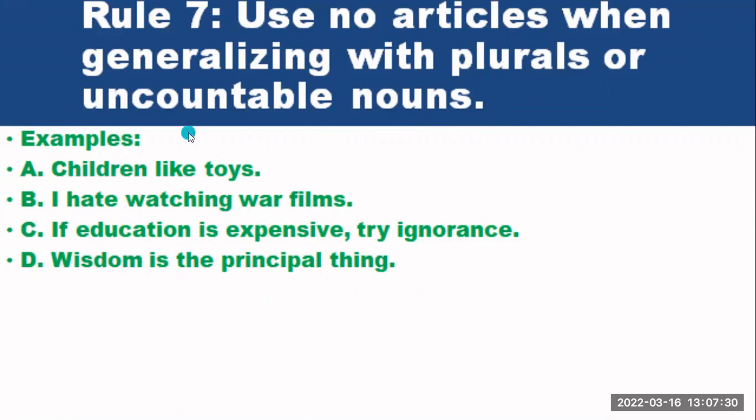Let's look at an example. Children like toys. So children in general, and then this is plural. So it doesn't need any article because you are not talking about any particular children.